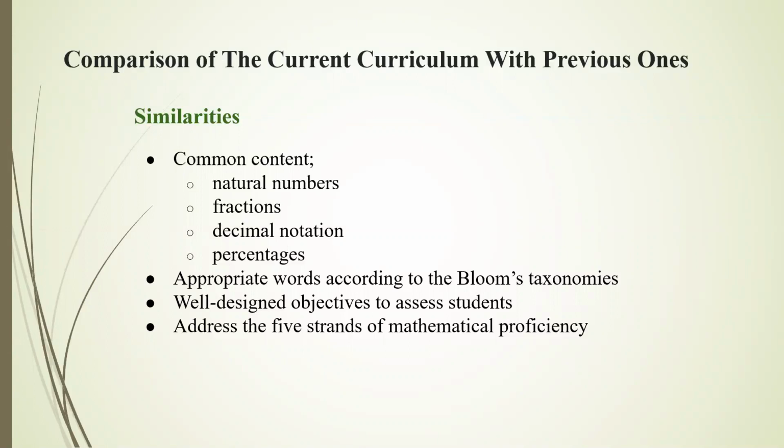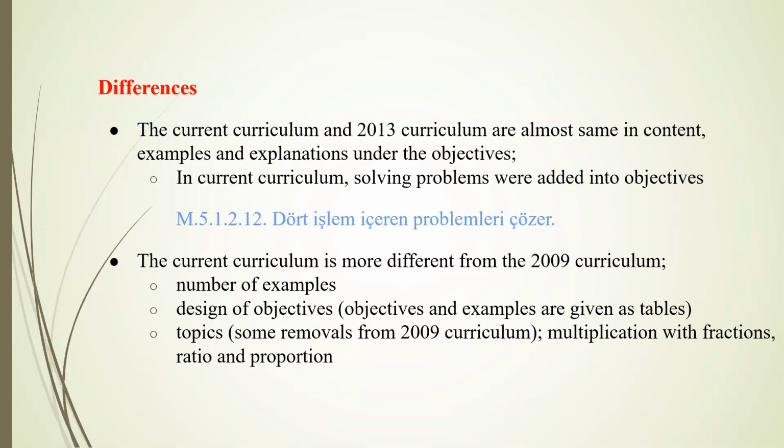By using these words, the objectives in all curriculums aim to assess students. Lastly, the most important common feature is that they address the 5 strands of mathematical proficiency: understanding, computing, applying, reasoning, and engaging.